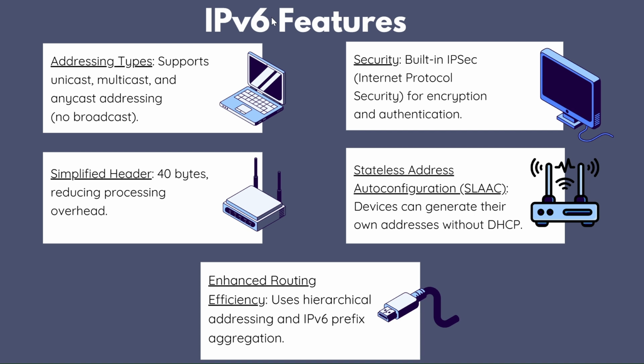Next is security. It has built-in IPsec, that is Internet Protocol Security, for encryption and authentication. Next is SLAAC, stateless address auto-configuration. In this, devices can generate their own addresses without DHCP, that is Dynamic Host Configuration Protocol.